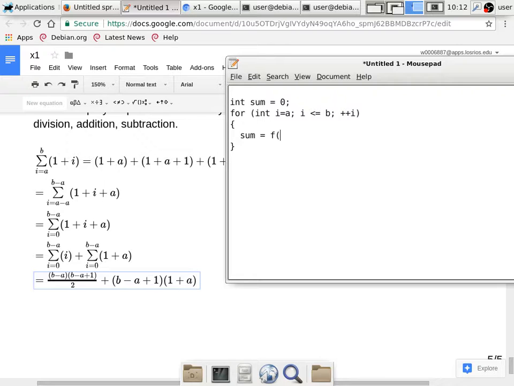I don't even care what function it is. Well, actually I do need to know that. So this is sum plus equals 1 plus i, which is the index here.